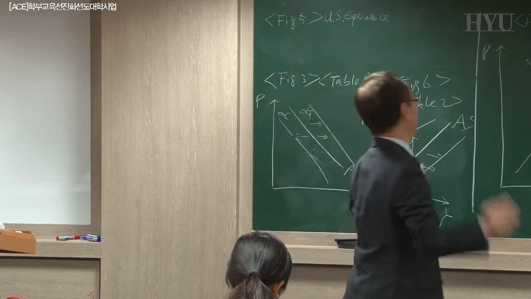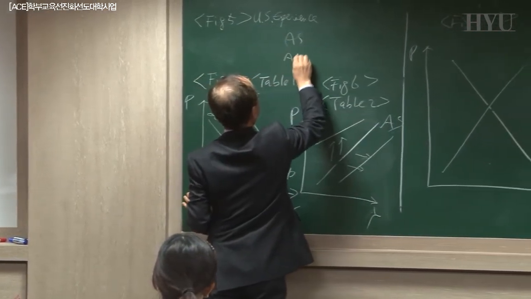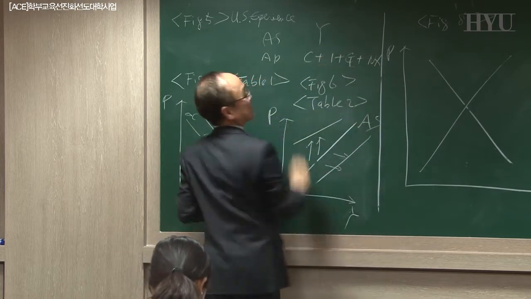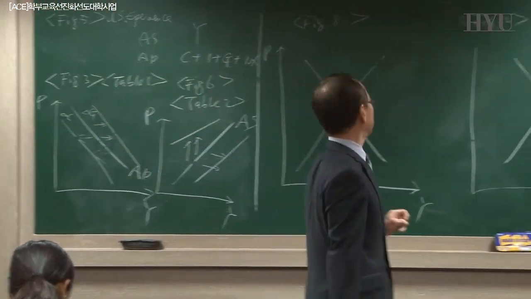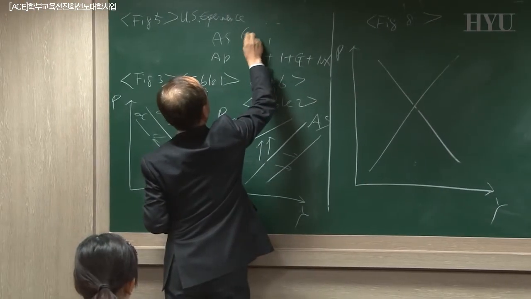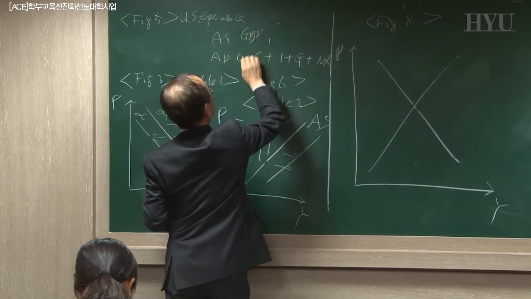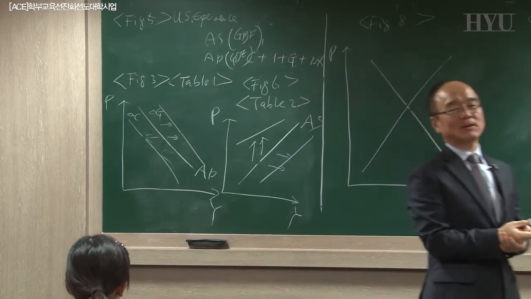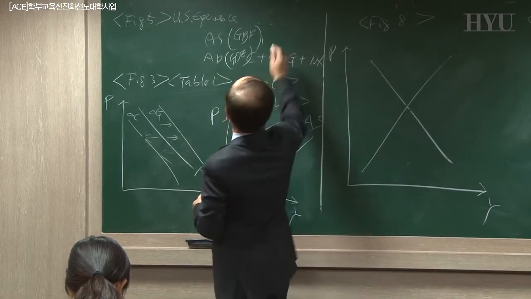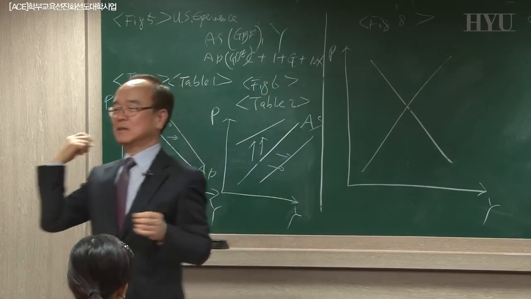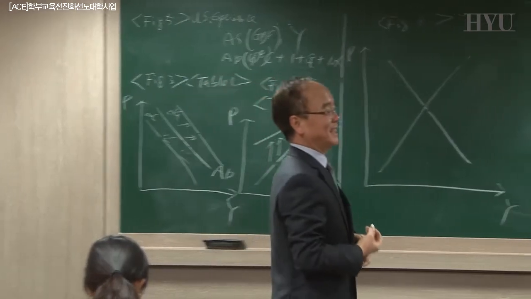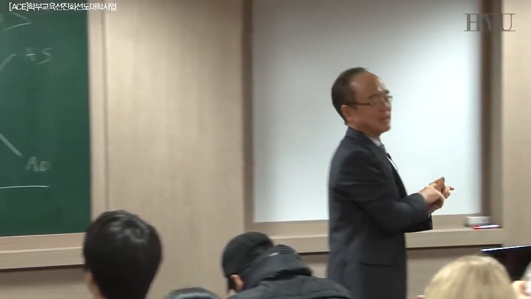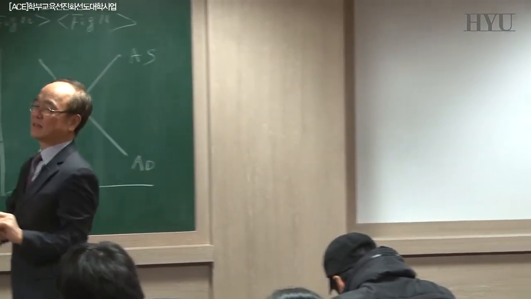One more time. All the related variables, AS and AD. AD is C plus I plus G plus NX. And Y is production capacity, which is GDP. AS is GDP, and this is GDE. Originally, Y represents GDP, production, and C, I, G, and X represent spending.